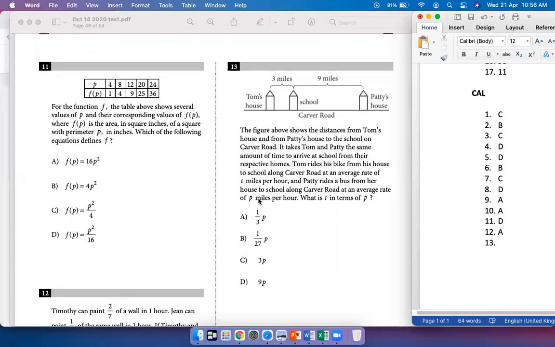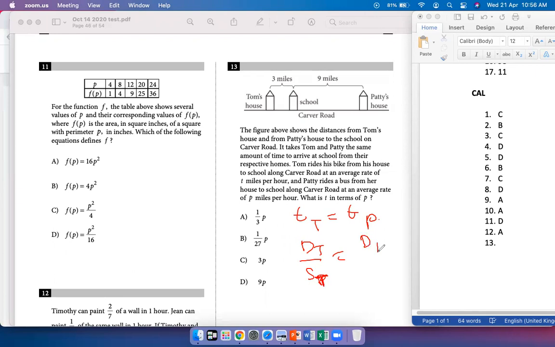Okay, so they take the same time. So time for Tom is the same as time for Patty, which means distance for Tom divided by speed for Tom equals distance for Patty divided by speed for Patty. Now distance for Tom is 3 and speed for Tom is t miles per hour.